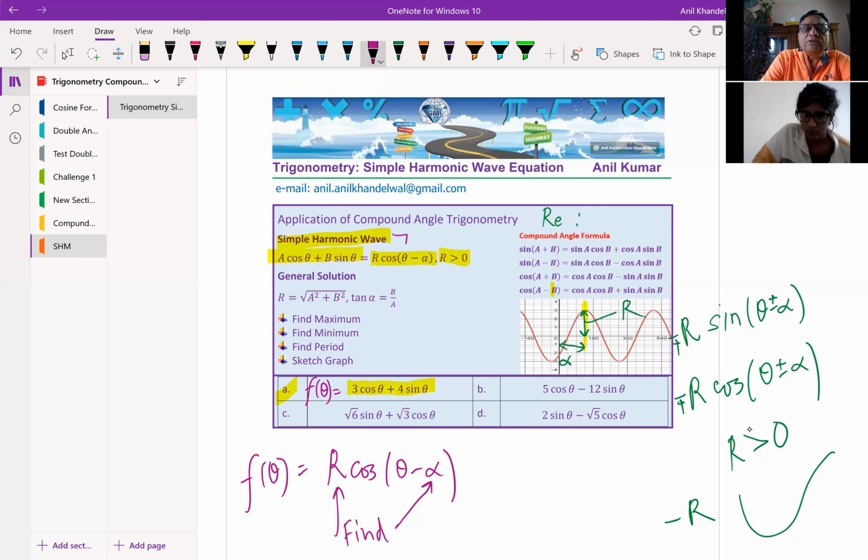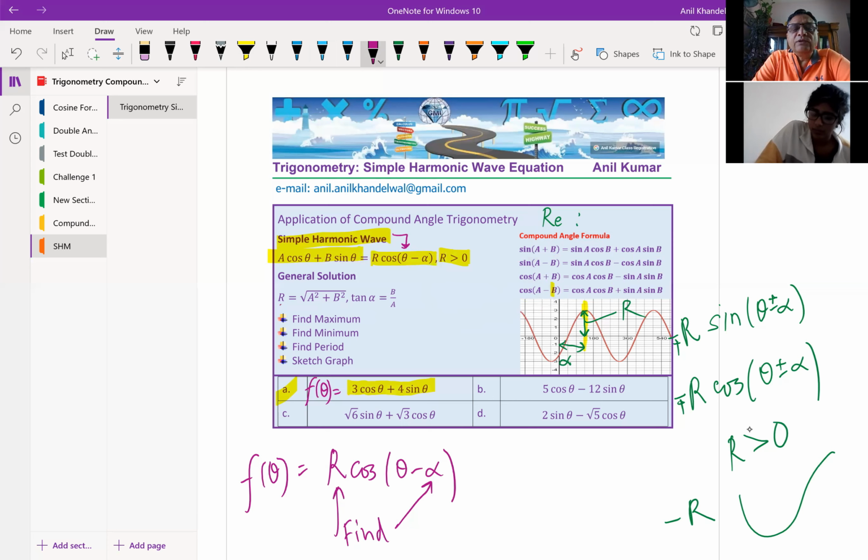This particular equation on the right-hand side is referred to as the simple harmonic wave equation. Yes, this is the standard name. Actual values you can calculate very fast. The formula is given to you.